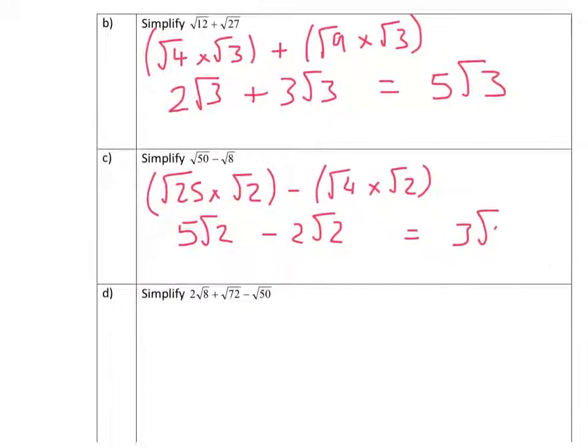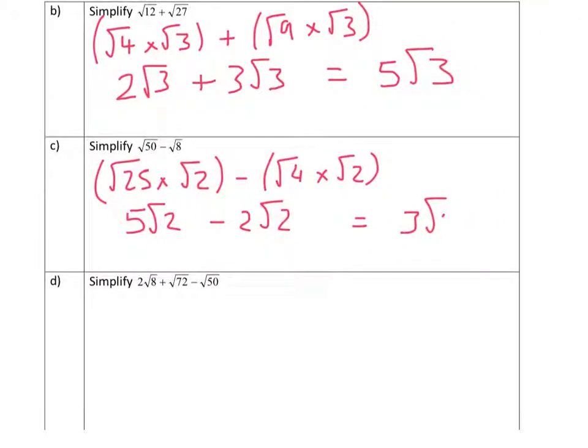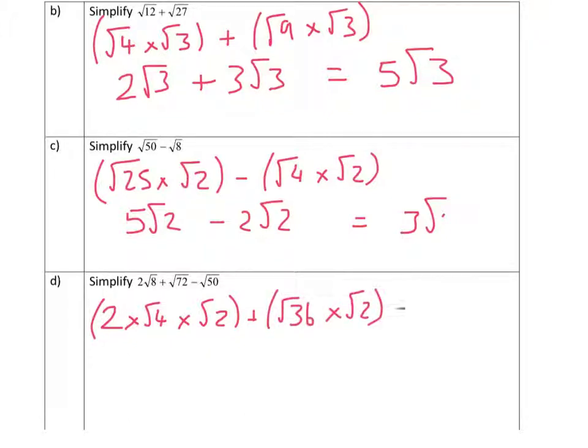In the final example we're going to again try and simplify to give us root 2's. The first term is going to be 2 times root 4 times root 2 plus the second term, which is root 36 times root 2, minus the third term, which we already know from above is root 25 times root 2.